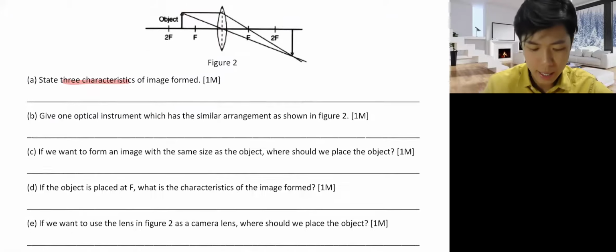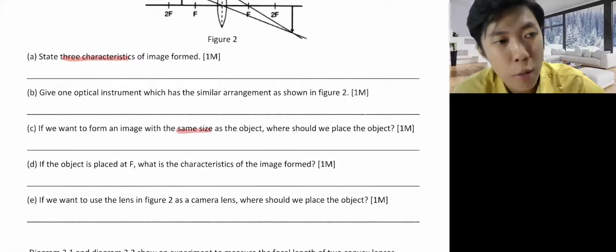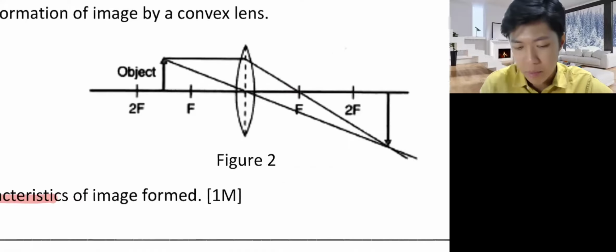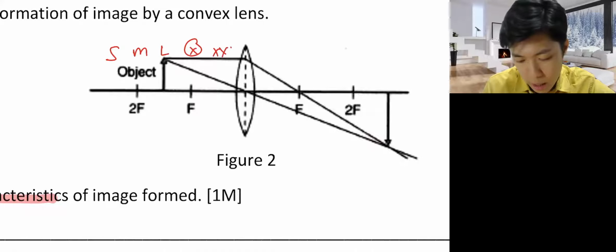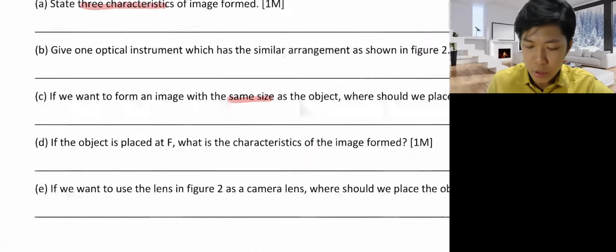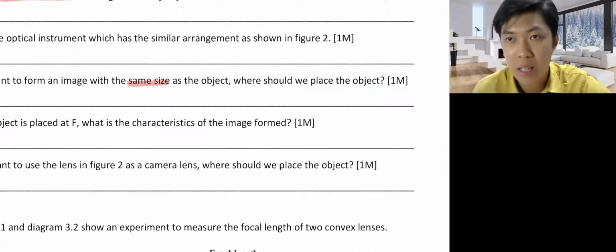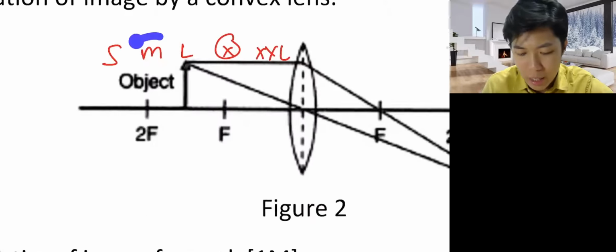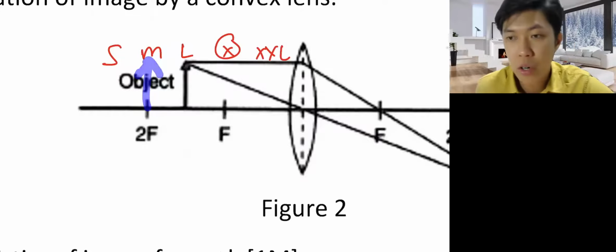Yes, projector. See, that helps you to remember everything together. Okay, next one. If we want to form an image with the same size as the object, same size, S, M, L, no size, XXL. If I want to produce same size, where should we place the object? Your arrow must be here.